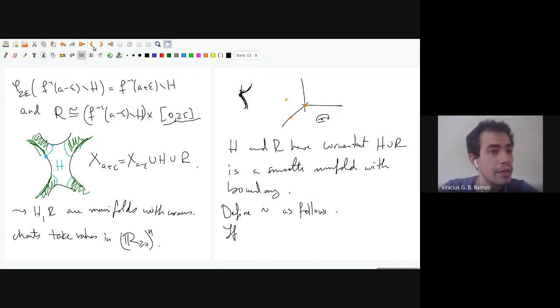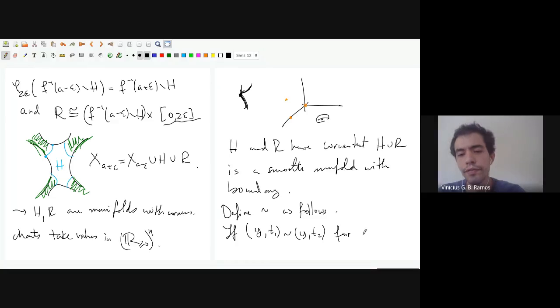So first of all, y t1 is equivalent to y t2 for y t1 and y t2 in R. So that's the first thing I do. Basically, I'm taking this whole line and I'm squishing it to a point.